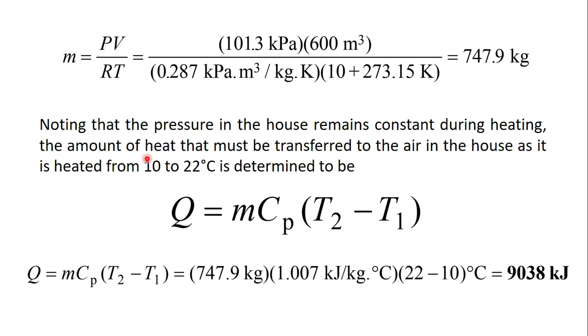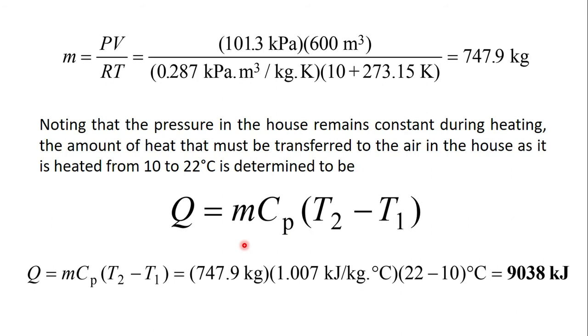The one thing that we consider is that the pressure in the house remains constant during the heating. So the amount of heat that must be transferred to the air in the house as it is heated from 10 to 22 degrees centigrade can be determined by using this formula. This is the mass you just have calculated, that 747.9 kilogram. And the Cp is the heat capacity that you have taken the value from the literature, and the initial temperature is 10 degrees centigrade, and this is the final temperature, that is 22 degrees centigrade.